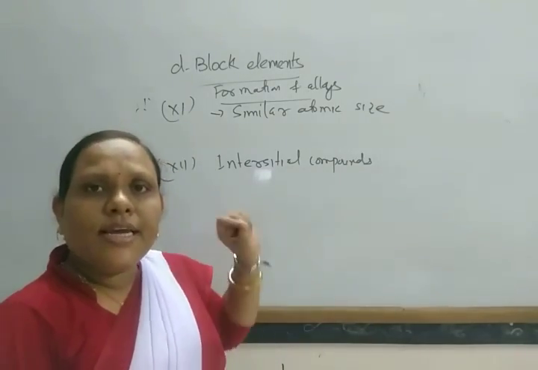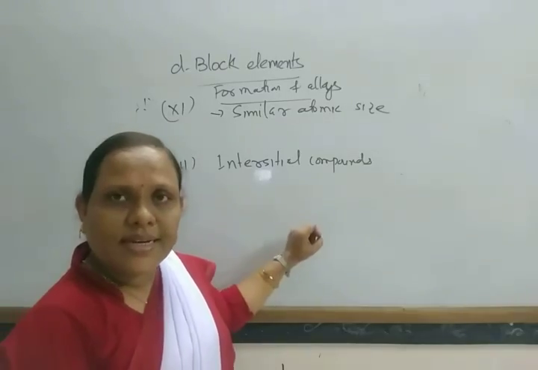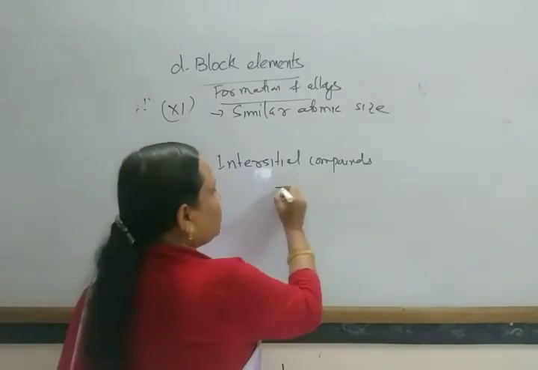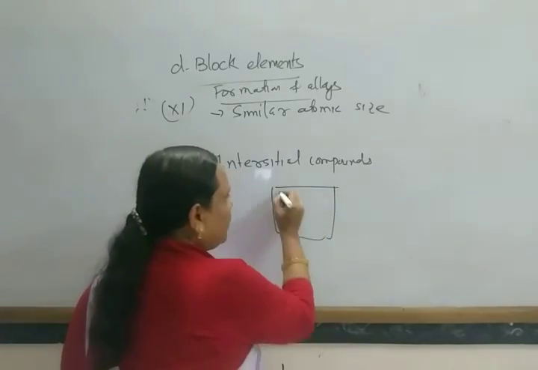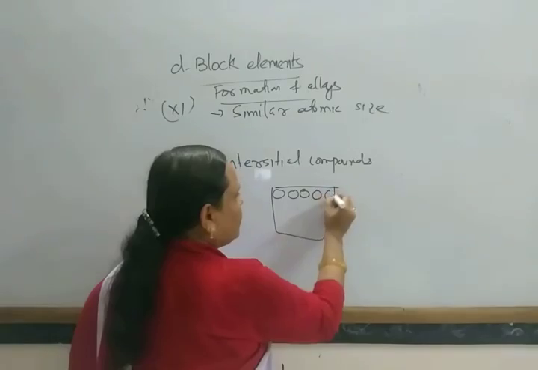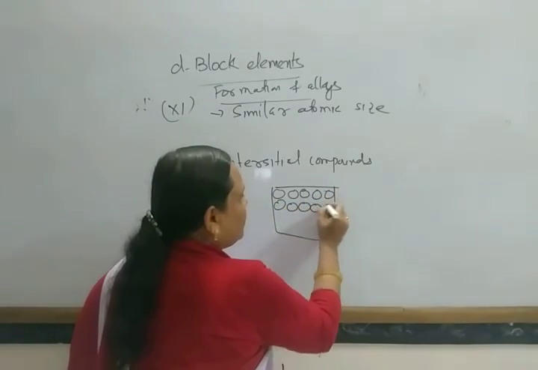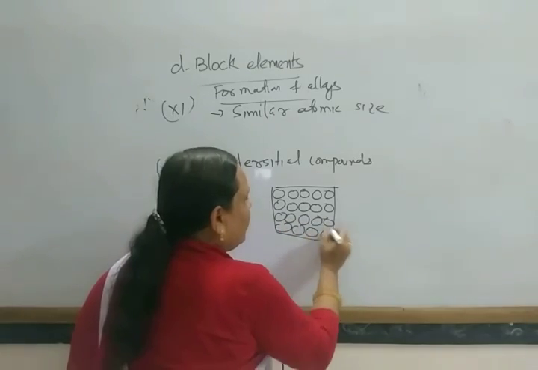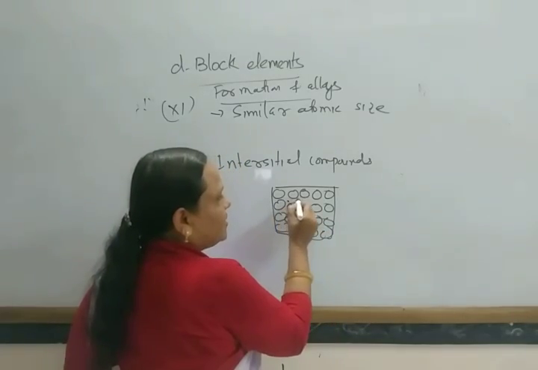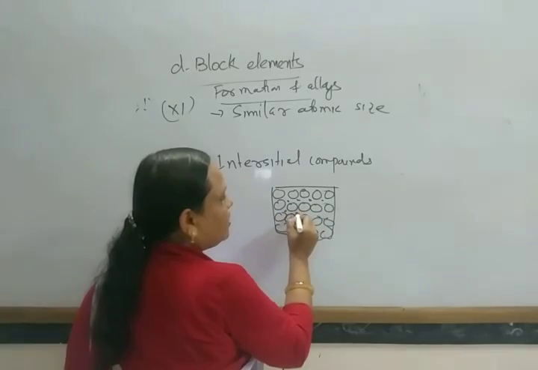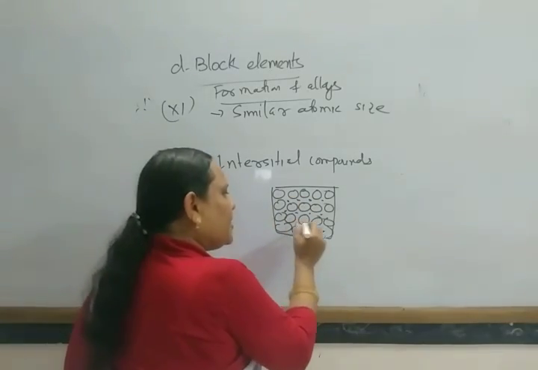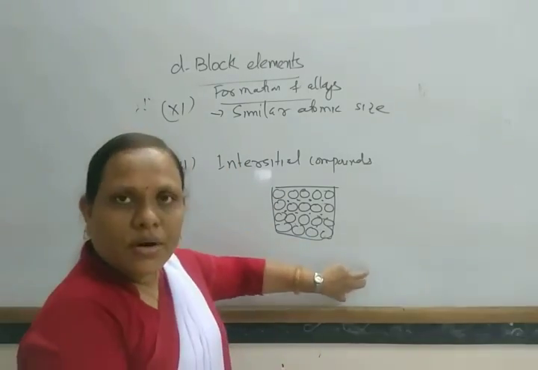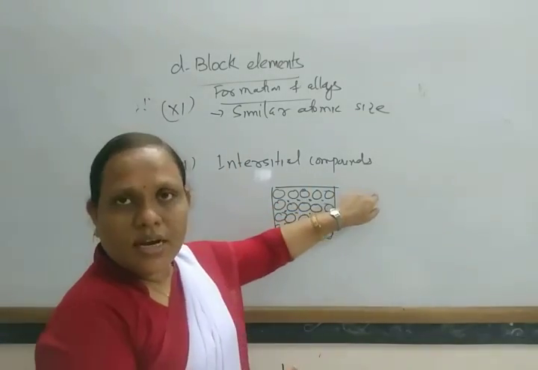In that void, if some other elements are present, then that forms interstitial compounds. Suppose there is an arrangement of atoms of the d block in this way, and there are some interstitial voids here. In this place, if some other atoms remain, then it forms a solid compound known as interstitial compounds.